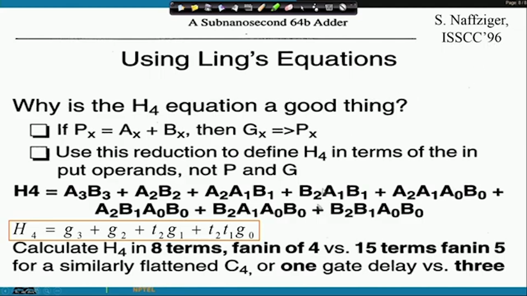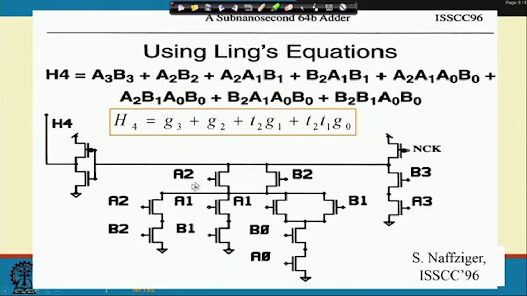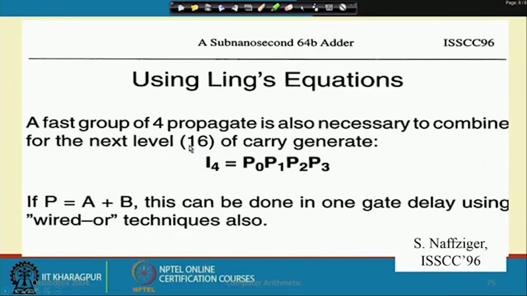There you will find how the equation has been developed and how, from this particular equation, the corresponding architecture has been developed, in detail. This is the transistor level implementation of the Ling equation, and you will get all this from this particular paper.